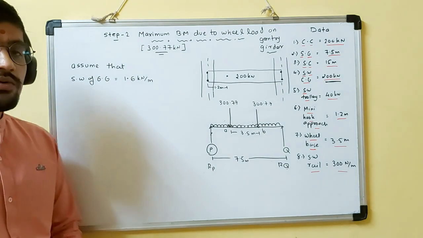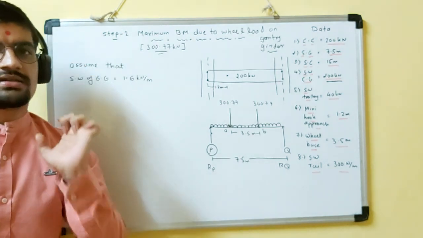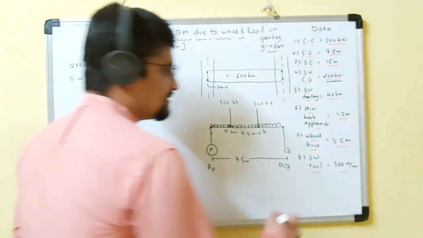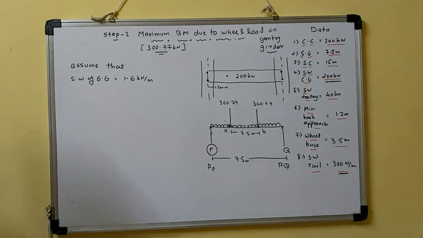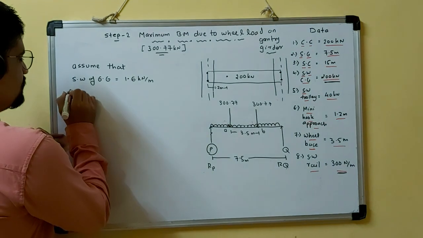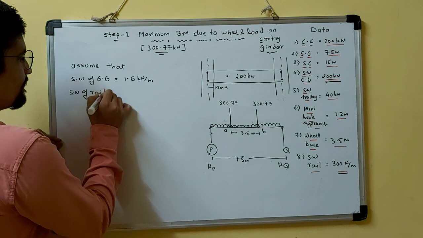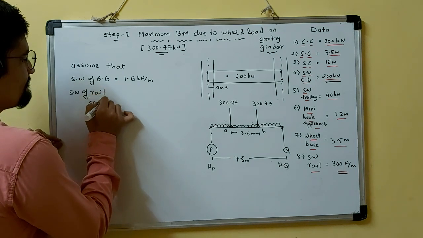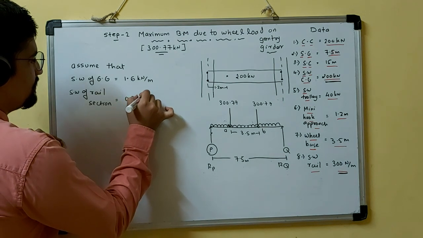Another load is the rail section, because the rail section is placed on the gantry girder and its value is given. Self weight of the rail section is 300 Newton per meter. We need to convert it to kilonewton per meter, so the self weight of the rail section is 0.3 kilonewton per meter.